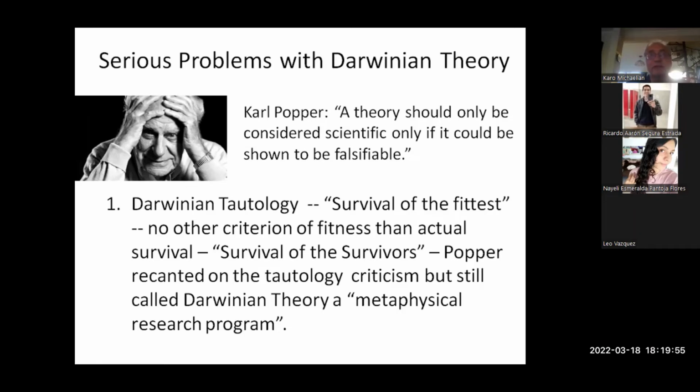Those that are better adapted are those that are going to survive, because there's a great difference in the environment for different species. So he realized that if you define the environment well enough, then some of the tautology of the Darwinian theory goes away.